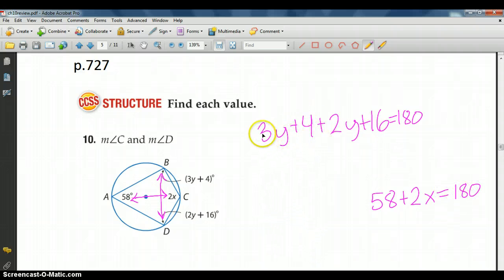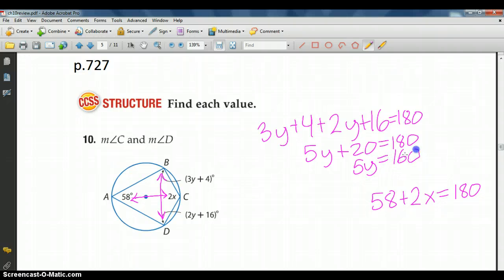So for the top equation, 3y and 2y is 5y, plus 4 and 16 is 20. Subtract 20 from both sides, and 5y is equal to 160. And divide both sides by 5.